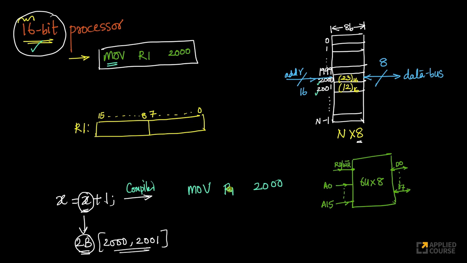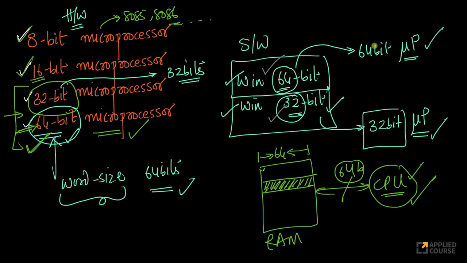R1 is a register. Now you might wonder, what is a register? Okay, let's understand that. Very simple concept. You have your CPU here. Your CPU has a processing engine, but it also has something called registers. If you recall, registers is a concept that we learned in the C programming language also.